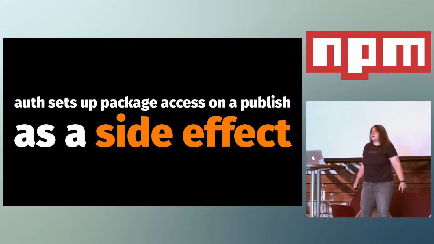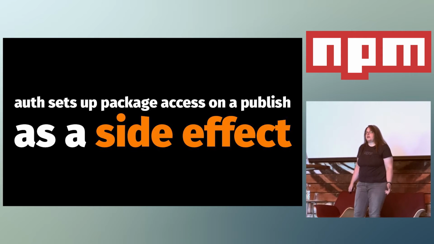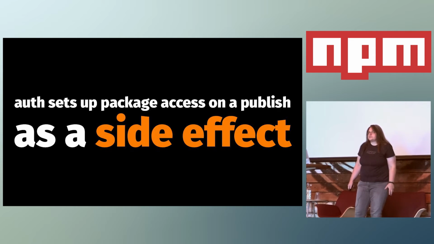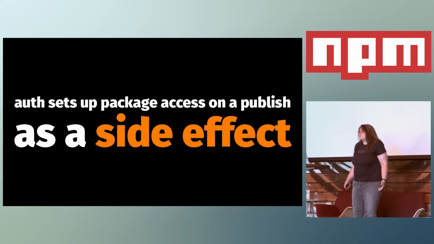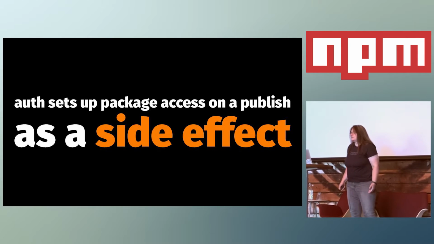When you authorize to publish a package, the auth plugin goes and talks to the user access control list server and sets up a bunch of package access stuff. Because that was the easy way to do it at the time, and we knew we needed to do that. It sets it up as a side effect.